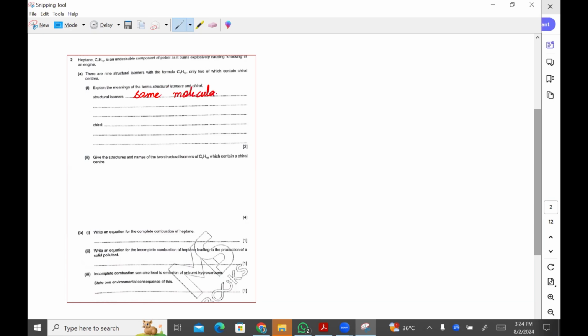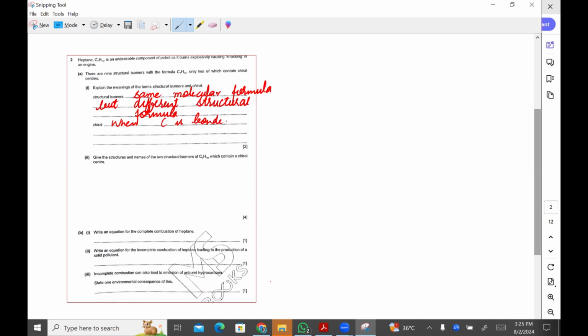Great, same molecular formula but different structural formula. And what do you mean by chiral? When a carbon is bonded to four different functional groups or atoms.